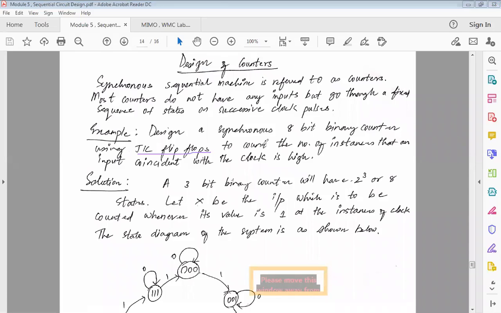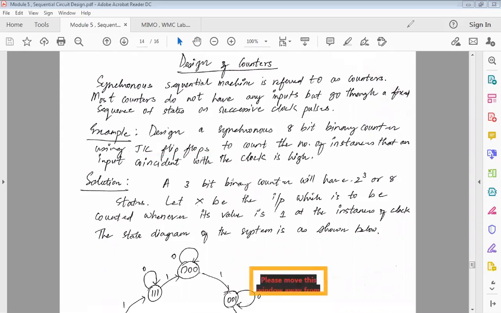So you should know your truth table, your excitation table, and the conversion table. All these are required, just like how we had worked out previously. Now the catch is, whenever the clock goes high, it should count the number of instances. So it should start from 0 and check how many clock cycles are high. So how do we get started?